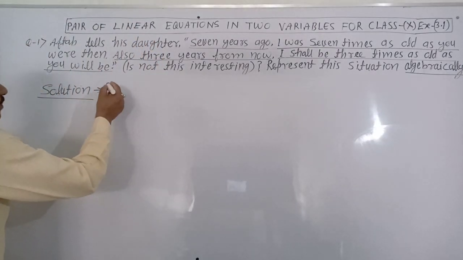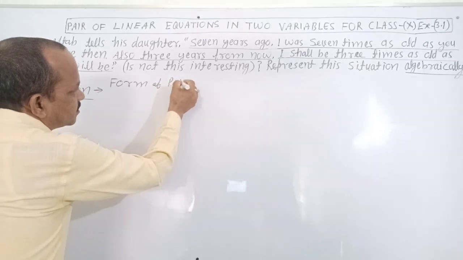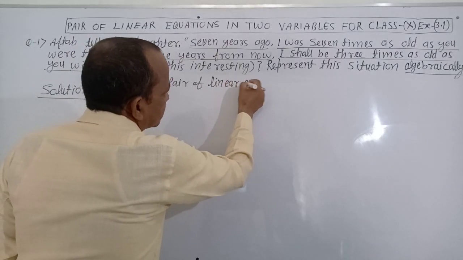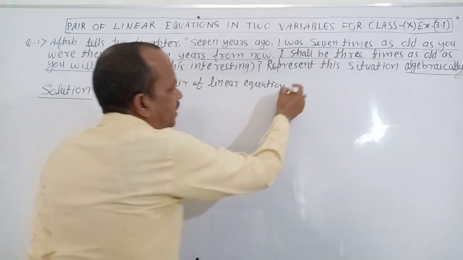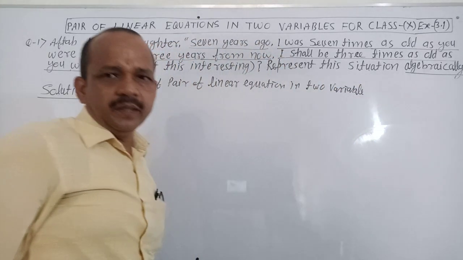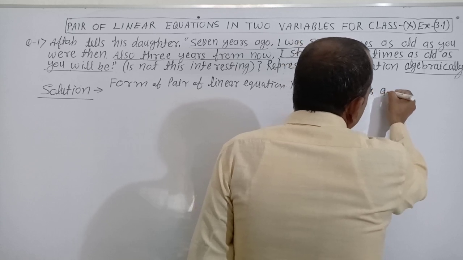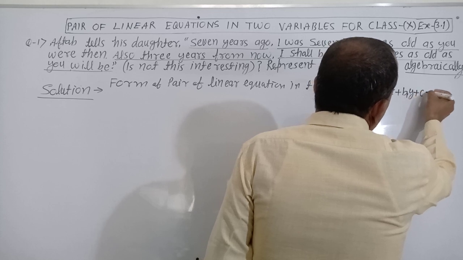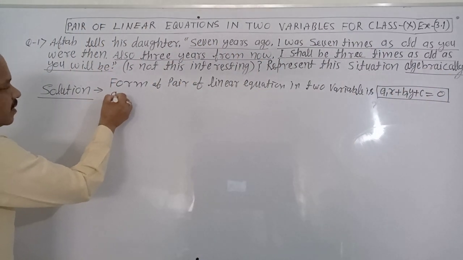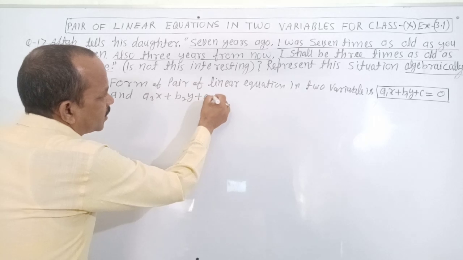Very good. The form of a pair of linear equations in two variables is a1x plus b1y plus c1 equal to 0 and a2x plus b2y plus c2 equal to 0.